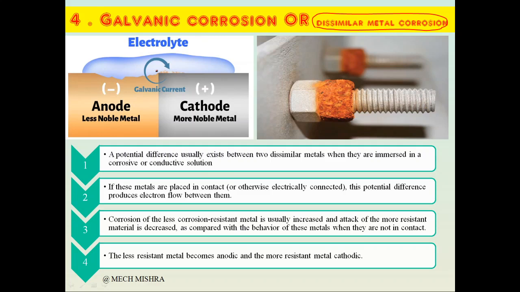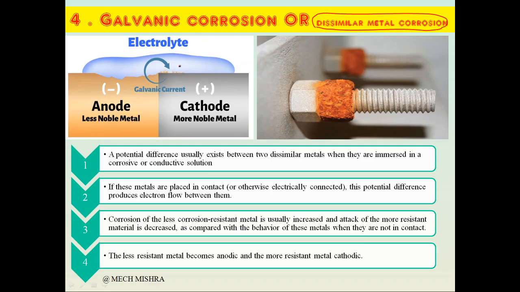So how can I define galvanic corrosion? It is when there are two metals in contact, either direct contact or contact with the help of some electrolyte or some connecting medium or electron transfer medium.